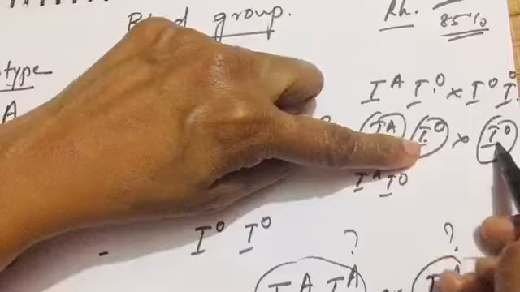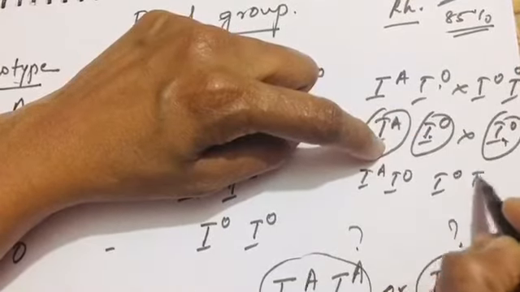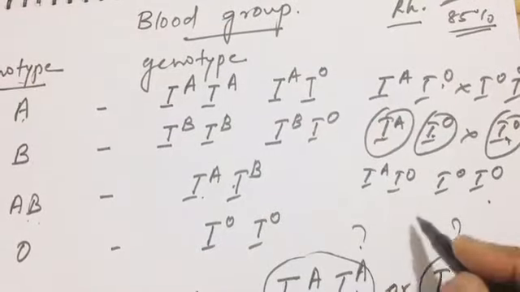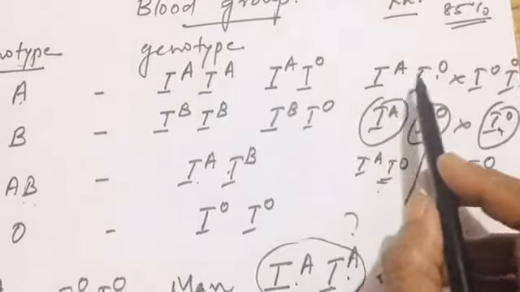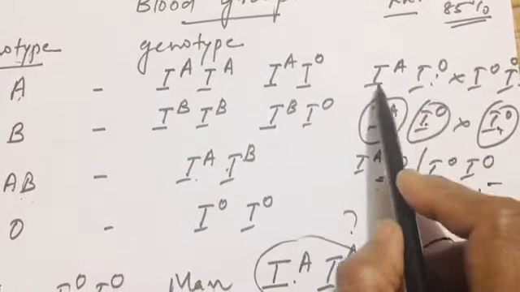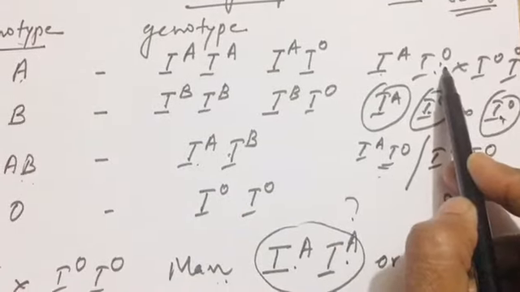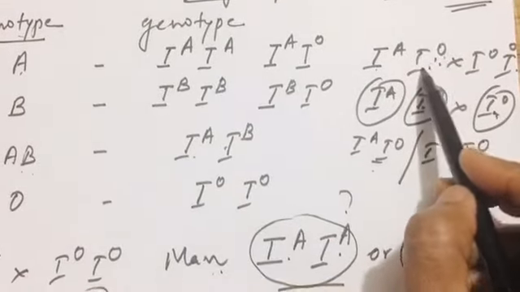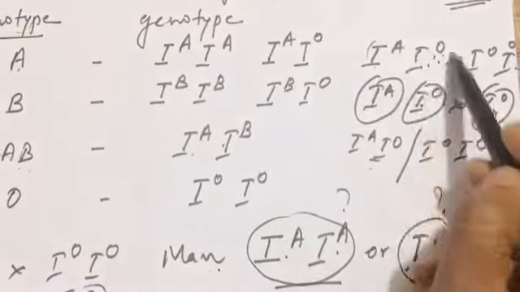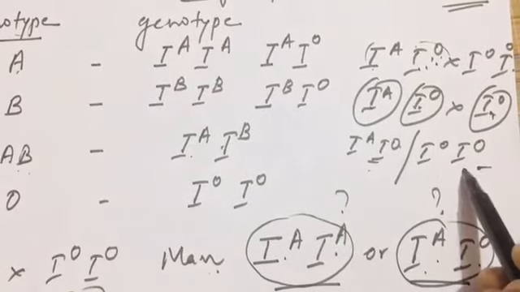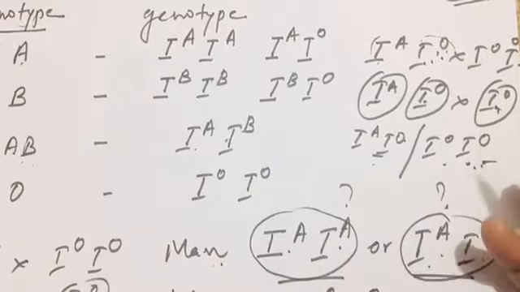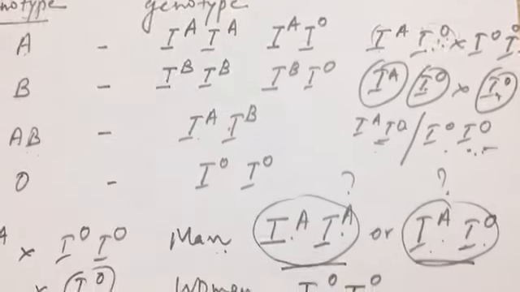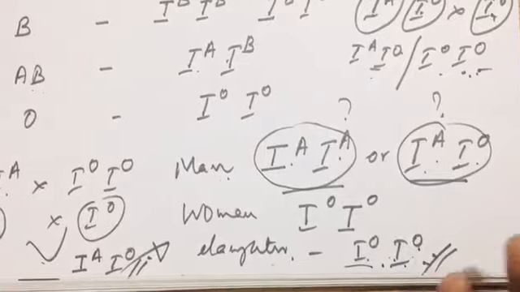This will pair with this, giving IO IO. So it means a 50-50 chance is there. If the man is heterozygous IA IO, the phenotype is A only, and in this case there is a 50% chance for a child of O blood group. So that is what happened, because in the question the daughter is IO IO, which is already given there.